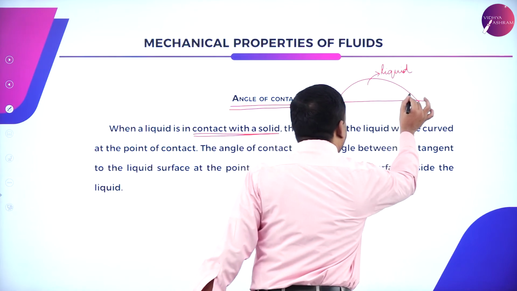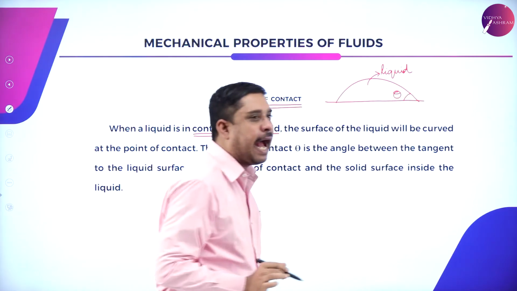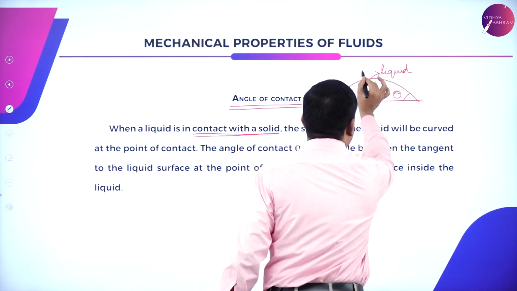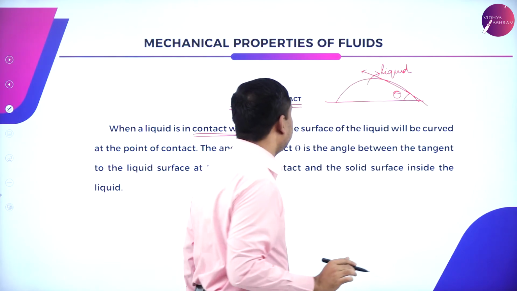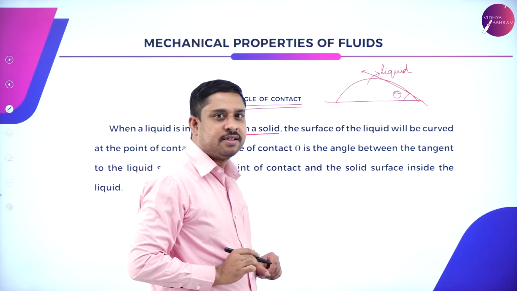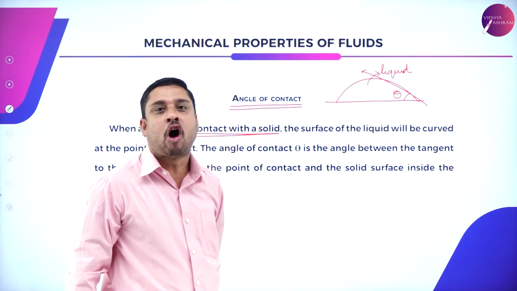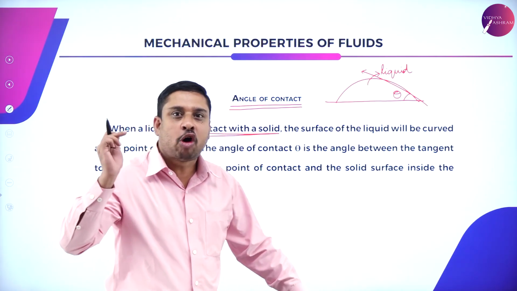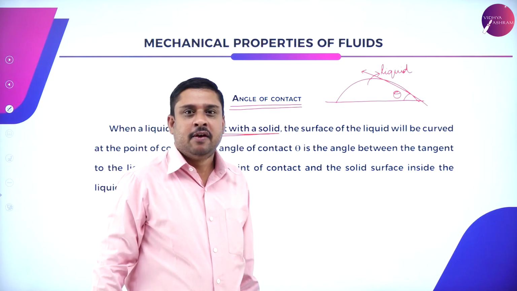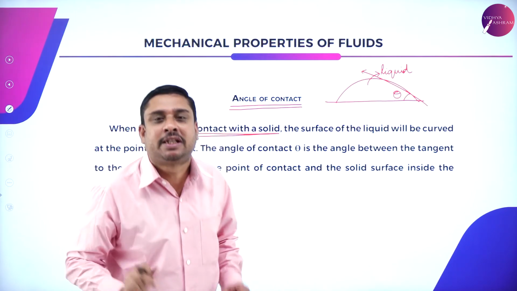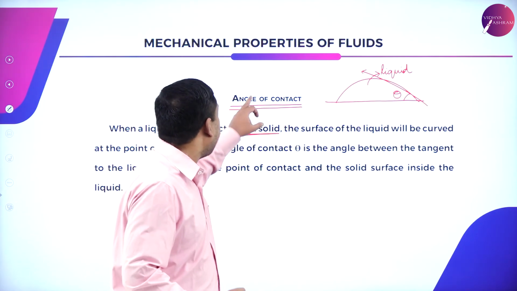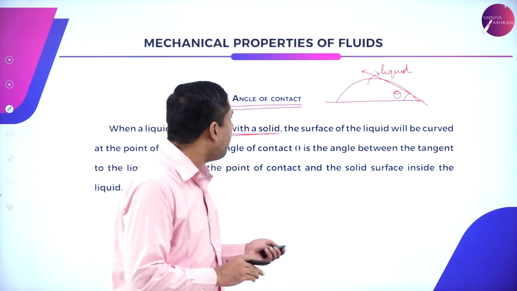and at the point of contact, there is some angle defined between the tangent to the liquid and the solid. And this is called angle of contact. When I draw a tangent to the point where the liquid is in contact with the solid, an angle is defined, and that angle is called angle of contact.